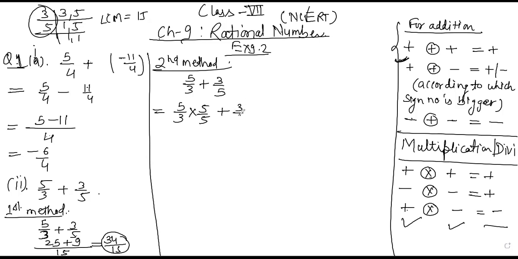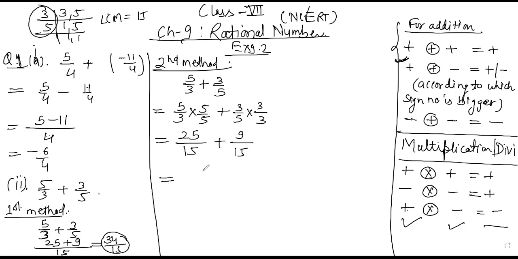So 3/5 is multiplied with 3/3. Okay, so 5 5s are 25 and 5 3s are 15 plus 3 3s are 9, 5 3s are 15.